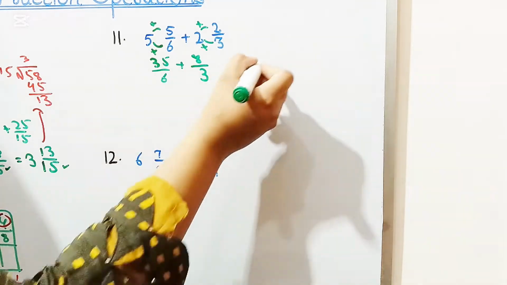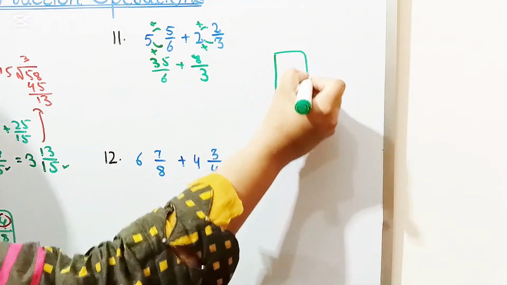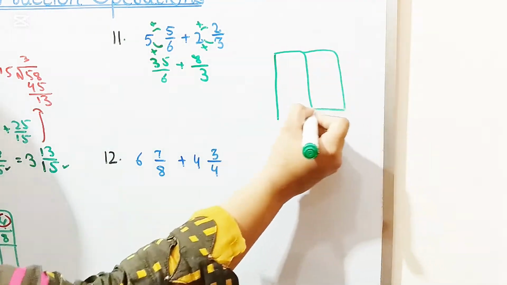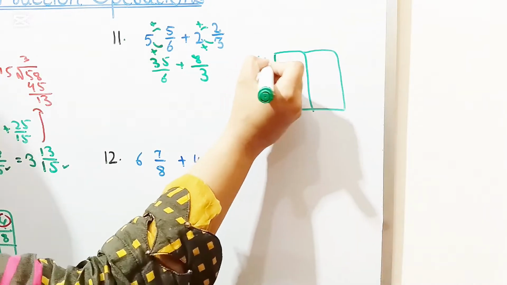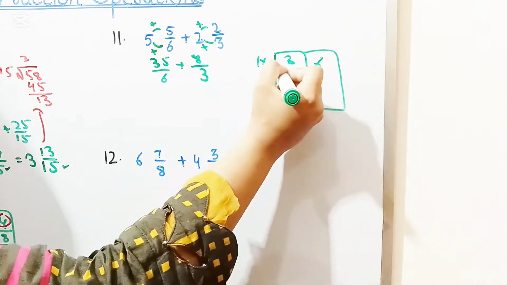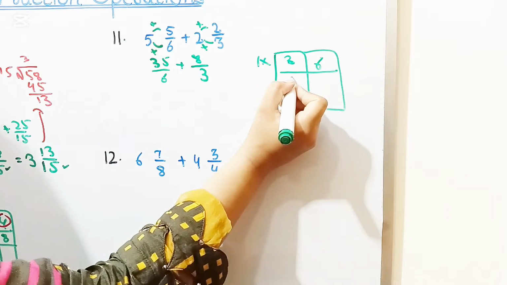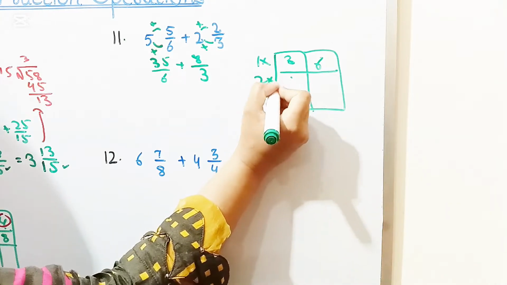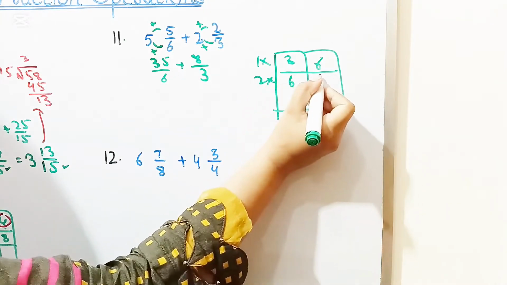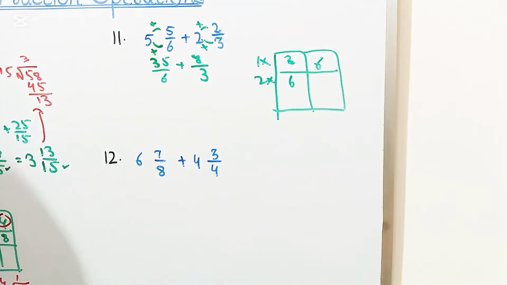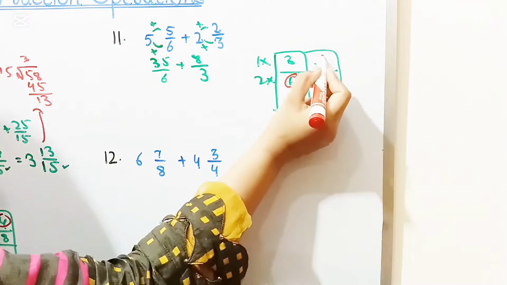Then we see their multiples. 1 multiplied by 3, 3 2s are 6. We will not move further because we found the same denominator, 6.